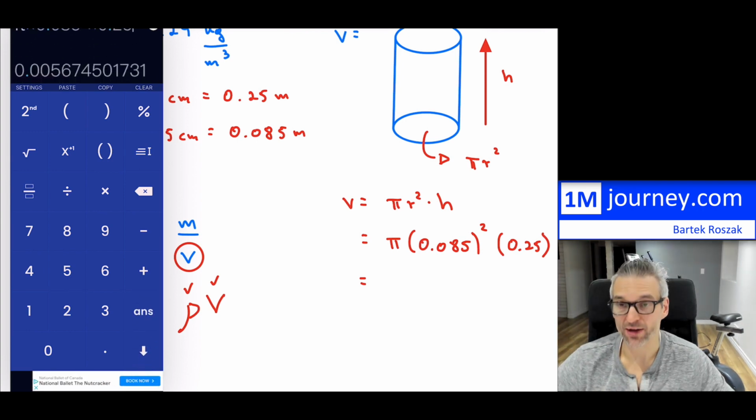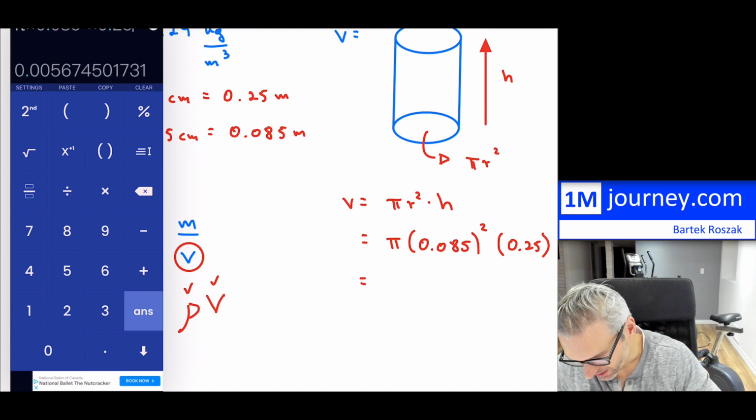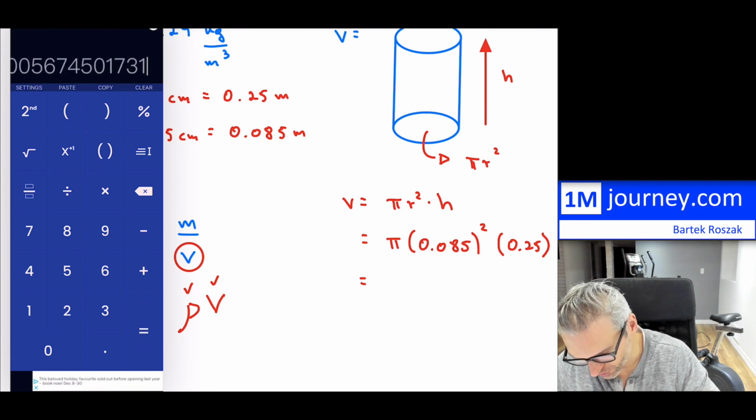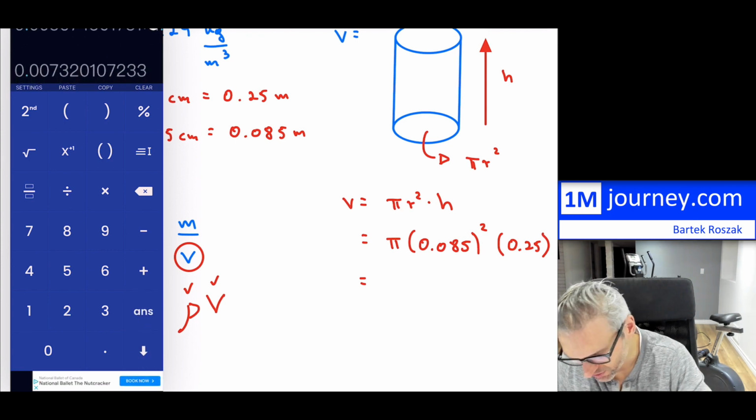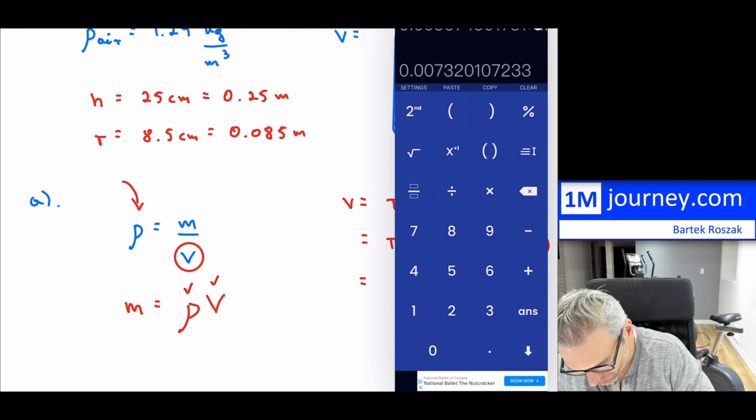This is going to be rather small, and that's fine. That's my volume, and now I have to multiply this by the density of the air, 1.29.